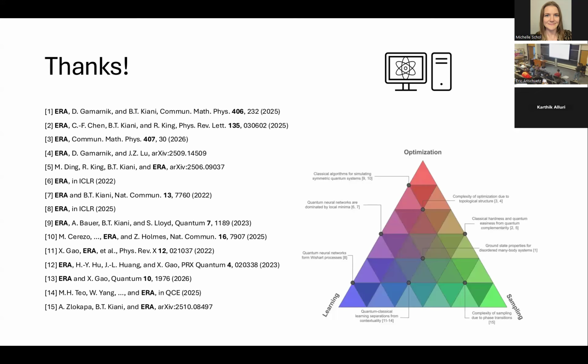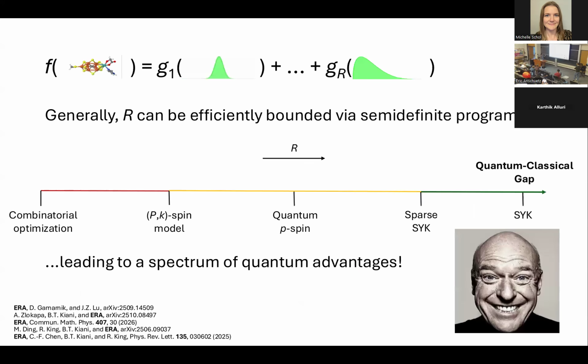There's more room for classical algorithms to do something there. But if you're interested in coming up with the ground state and then some late time properties after doing some time evolution, you need something like a tensor network representation of your ground state. And something I didn't cover here is that this R quantity also tells you the classical complexity of things like tensor network representations of the ground state.